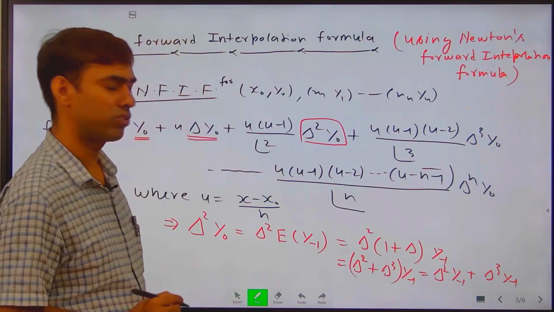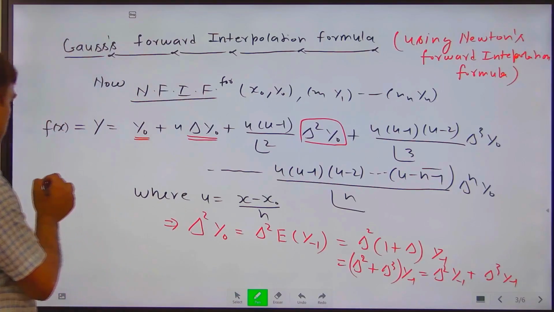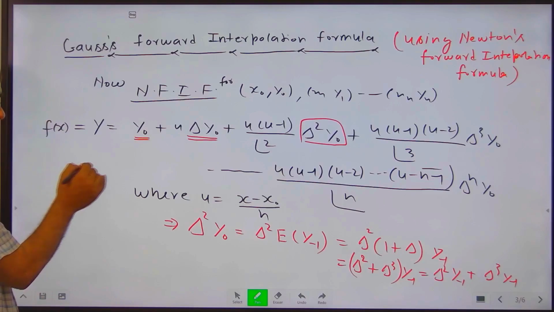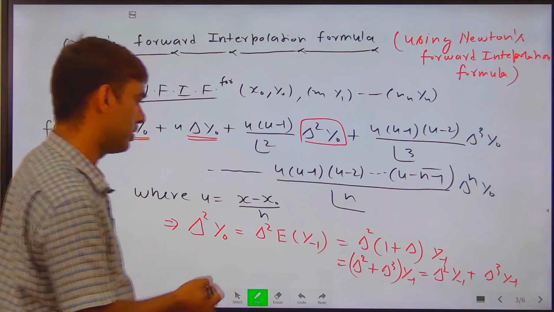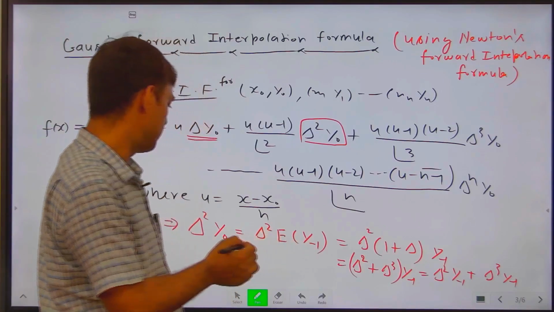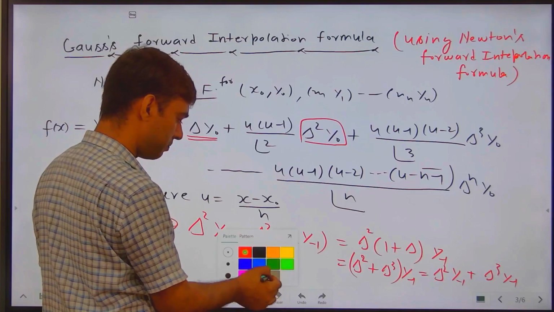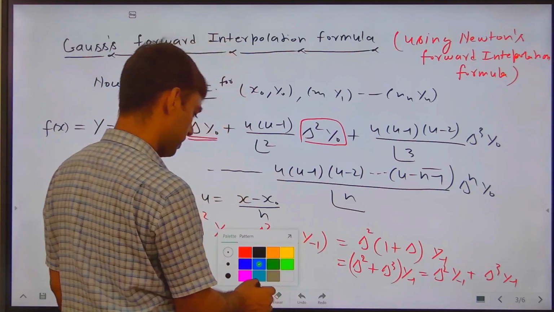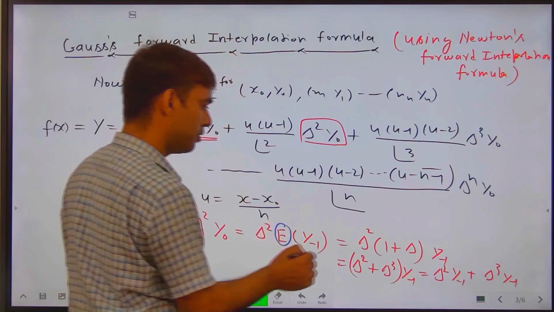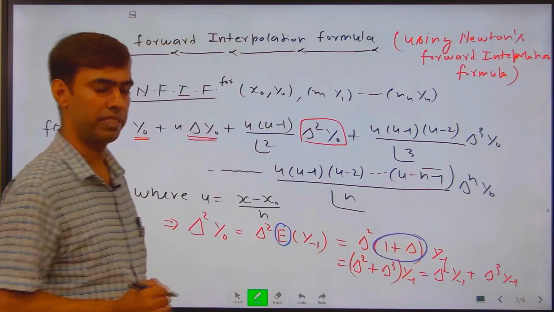Del 2 y minus 1 plus del 3 y minus 1, because we know that delta equals E minus 1 and E equals 1 plus delta. So here we use two operators: first we use the shift operator, then we use the relation between the shift operator and the forward difference operator.